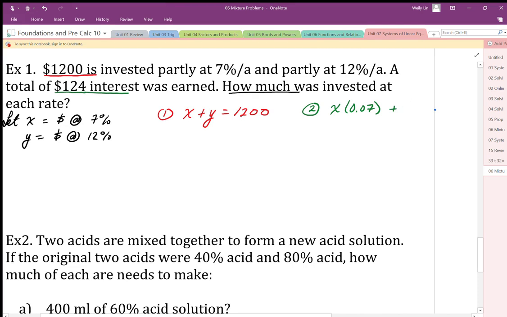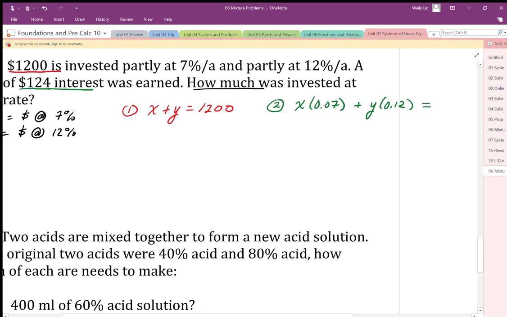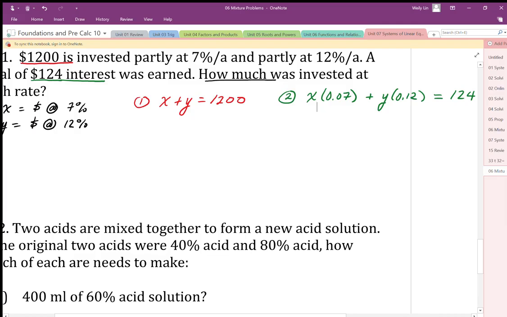Then I take the amount of money at 12%, which is y, and multiply it by 12%. When I add up the two interest amounts, I've been told that interest adds up to $124. So I have principal plus principal equals the $1,200 principal, and interest plus interest equals $124 of interest. So my equations are consistent.